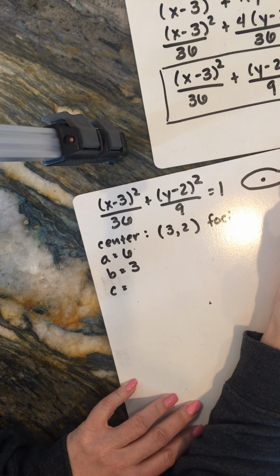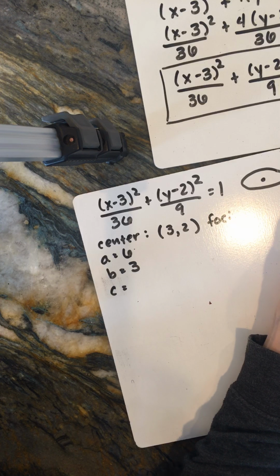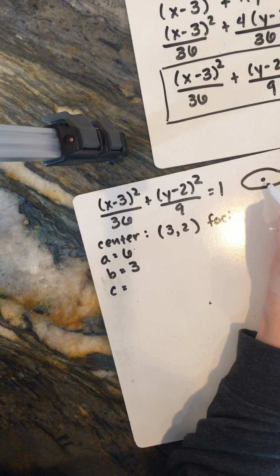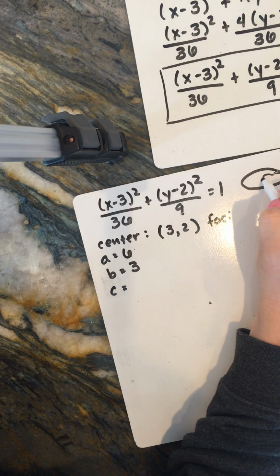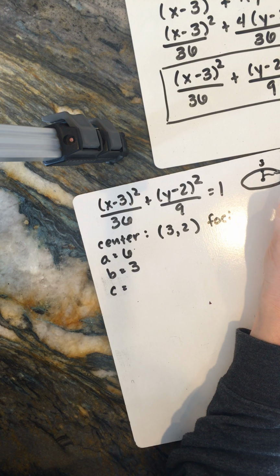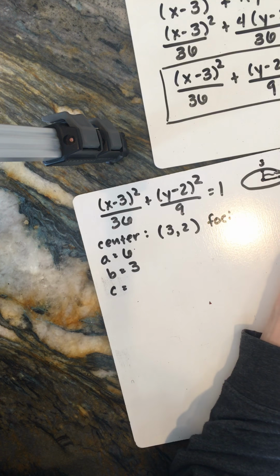I'm sorry. Yes, 6 units. Just kidding. 6 units from there to there. From the center up to the co-vertex is 3 units. There's 6 there. So we need to go to the focus now.